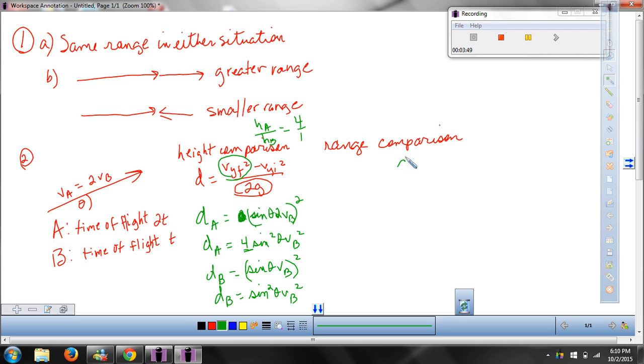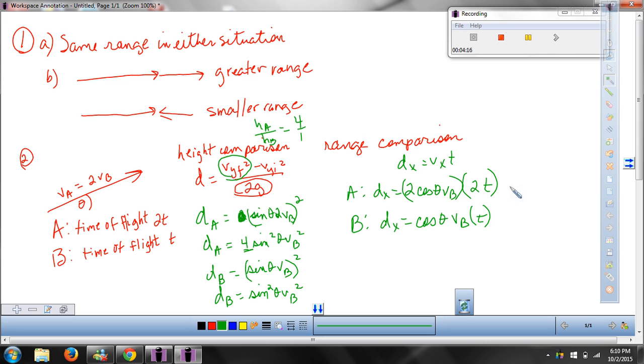Okay, now range, dx equals vx times t. So for A, dx is going to be 2 times the cosine of theta VB, and the time of flight is going to be twice as much. For B, it's going to be dx, it's just going to be cosine of theta VB, and it's going to be in flight for t time.